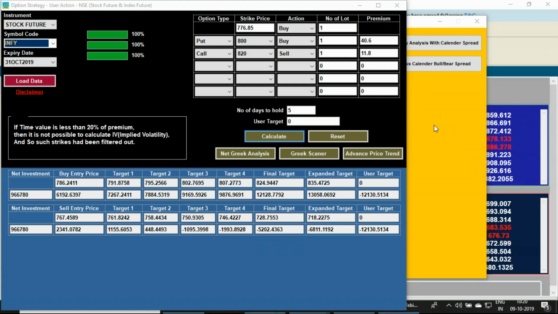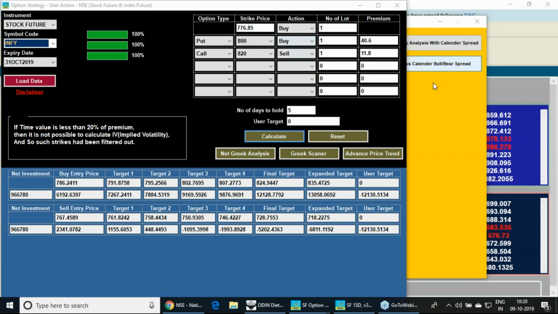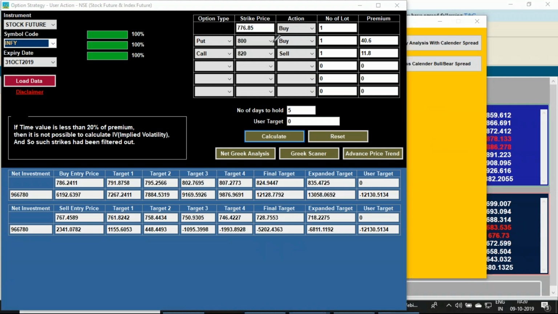So here, how much is protected? To initiate this entire strategy, you require near 2 lakh 35,000 rupees. So only 5 to 6,000 rupees you can put at risk, not more than that. If you form a 2:1 ratio call spread and put spread, that will also take the same margin, but you have 24,000 risk. 10% of your money is at risk.